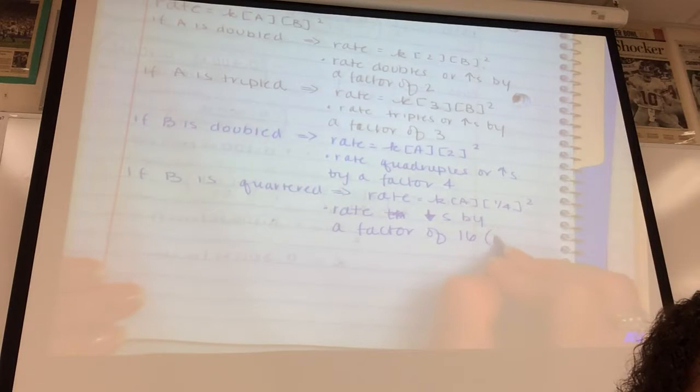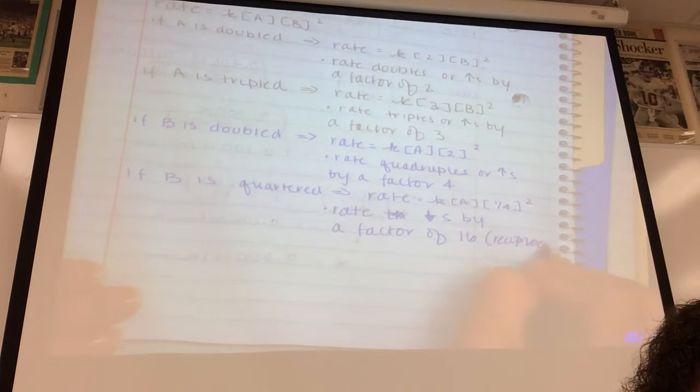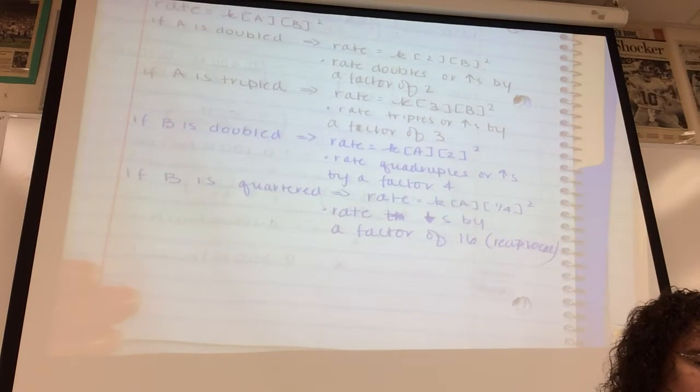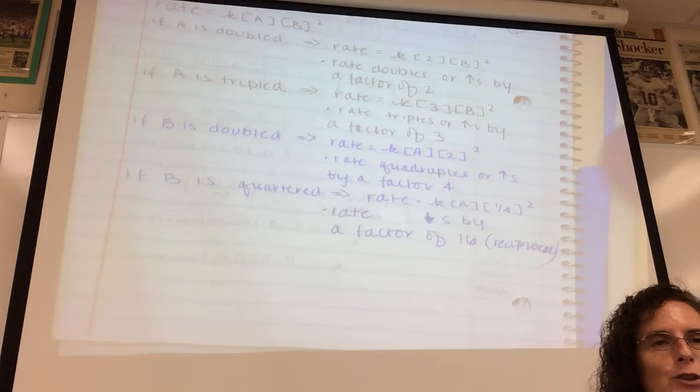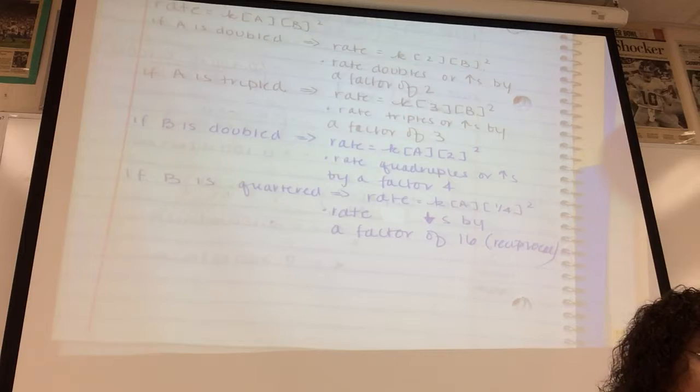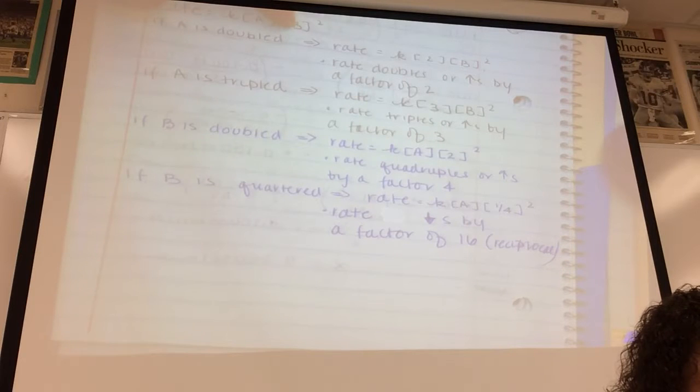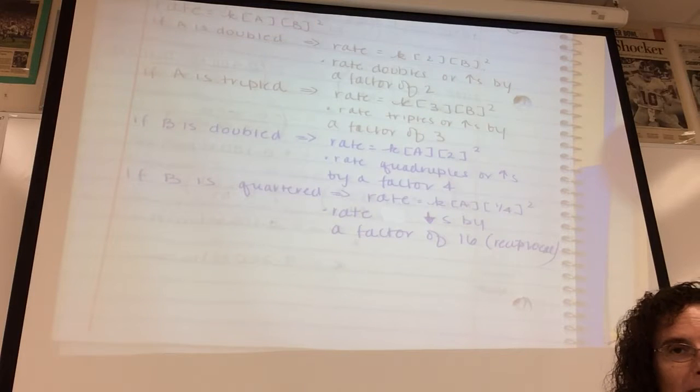That's the reciprocal. I'm going to get rid of that mess. Well, you can do sneaky things. Like if you had A being halved and B halved, you'd have 1/2 times a quarter is an 1/8. The rate would decrease by a factor of 8.